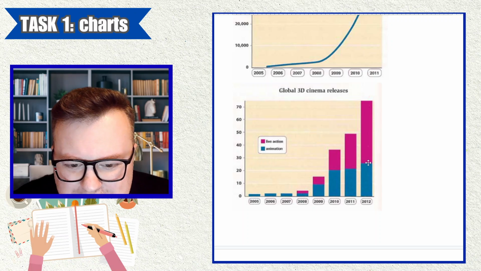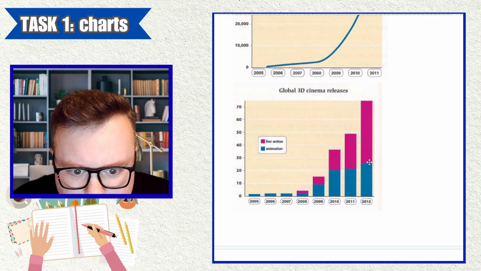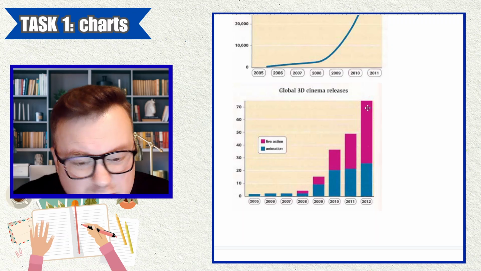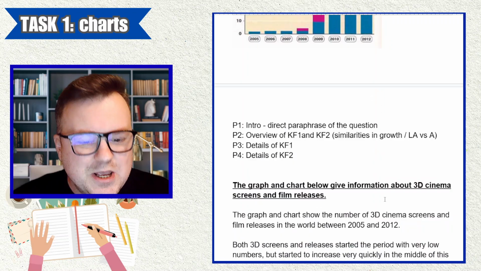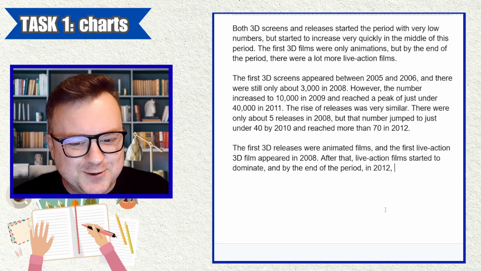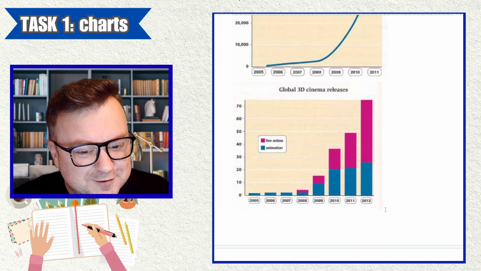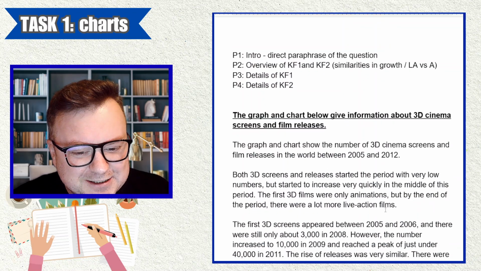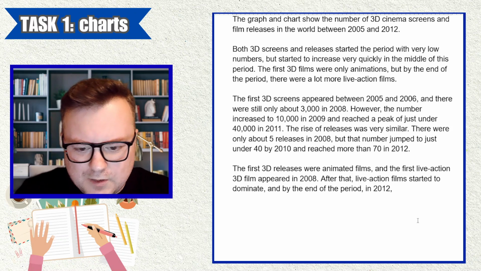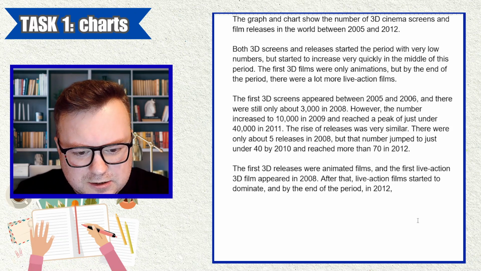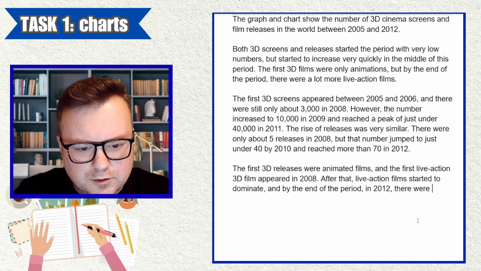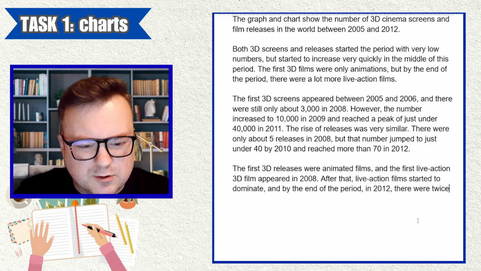It's about 24, is it, to about 50? So it's about double. Okay, B2, can you find this twice as many? Double the number of. Twice as many. Can you find that? And by the end of the period in 2012, there were twice.